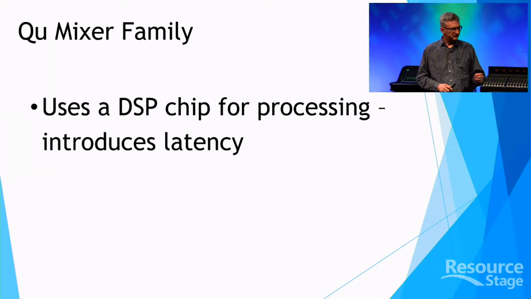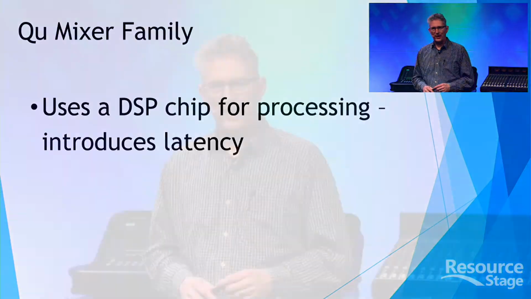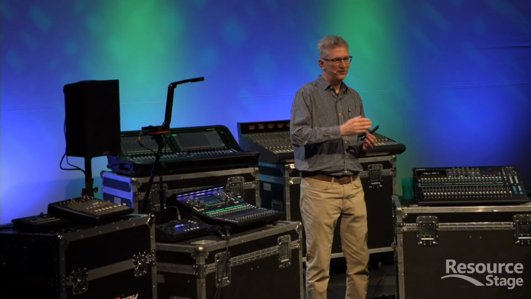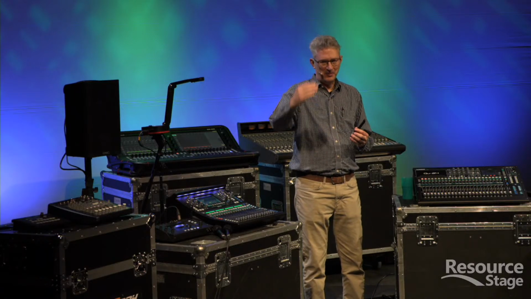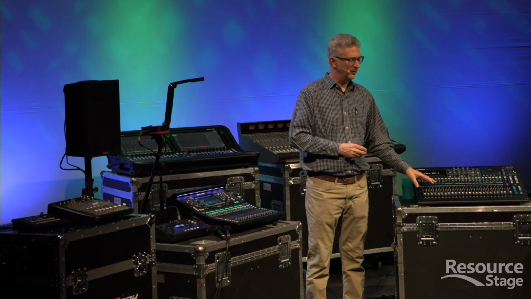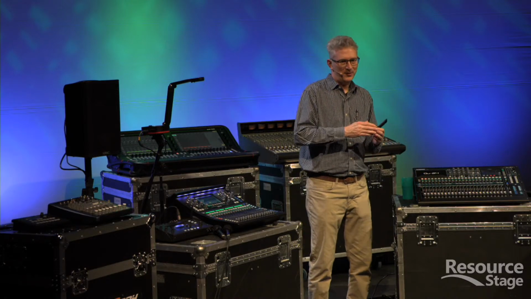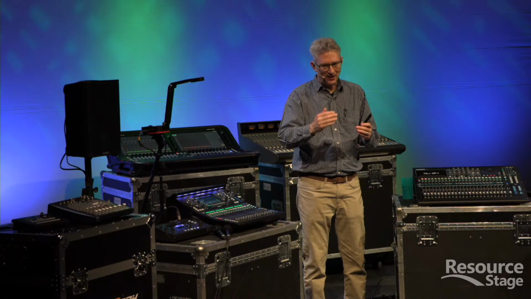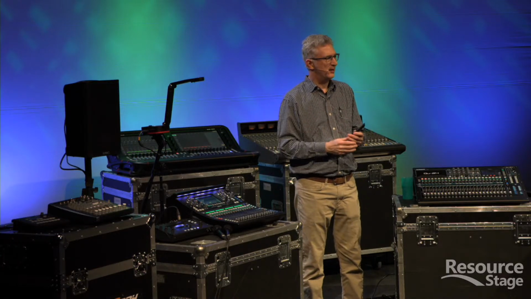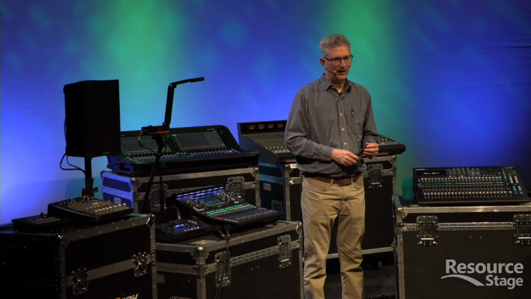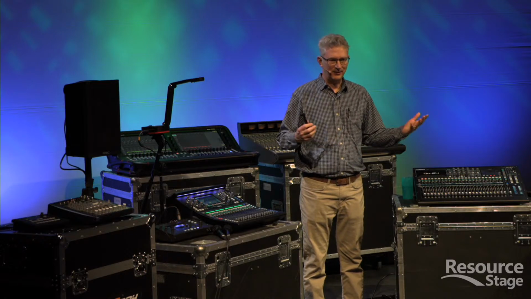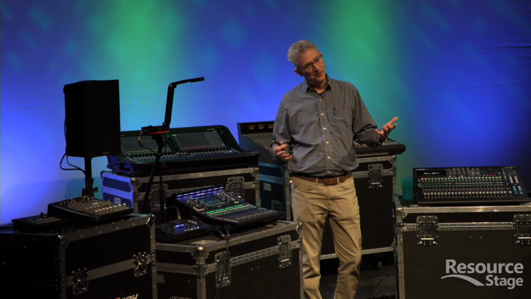And on this particular console, every time you do another hop of digital processing, it introduces another little bit of latency. Initially, there's 1.7 milliseconds of latency, and then every time you add another step of processing, you're adding another 1.7 milliseconds of latency.